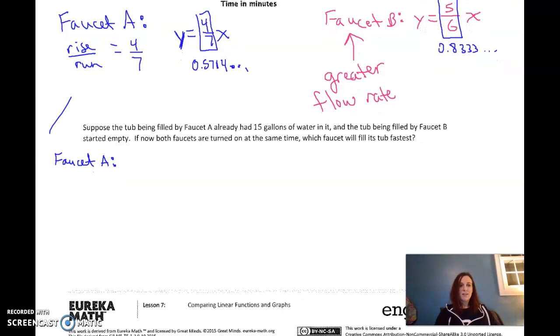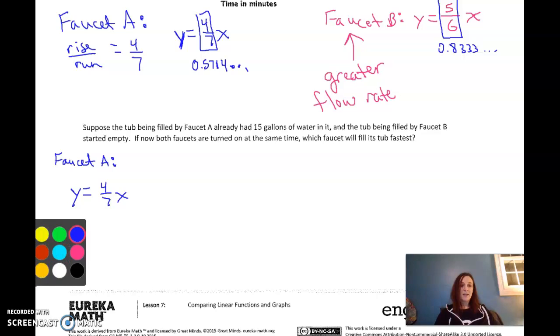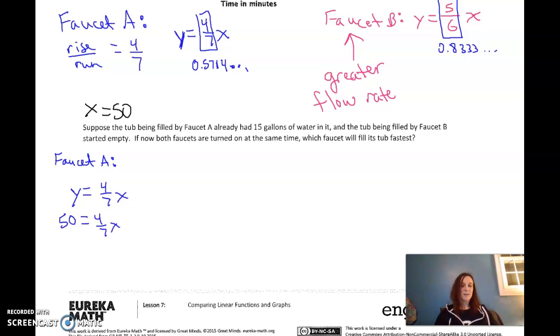So faucet A, y equals 4/7 times x. But remember, we're saying y now equals 50 for all of these. So I'm just going to plug 50 in for y and say 50 equals 4/7 times x. I'm going to divide both sides by 4/7, but remember, dividing is the same thing as multiplying by the reciprocal.